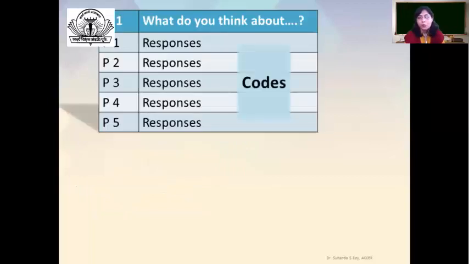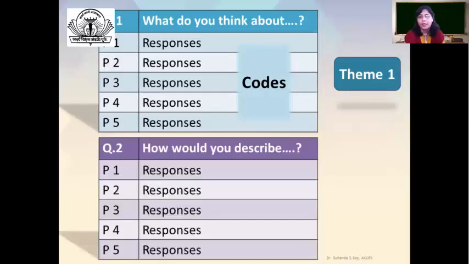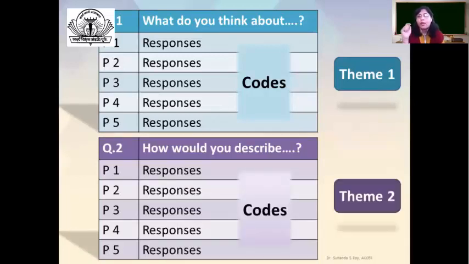In this way, you have codes for question number 1, and then you have to keep finding similarities and reducing them into one theme, a theme that will represent all the codes. Then you do the same thing for question 2, where you again have all the codes, and then you have another theme. So for every question, you may have a theme.